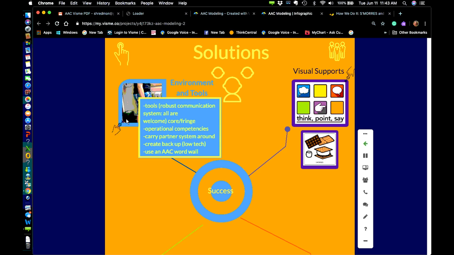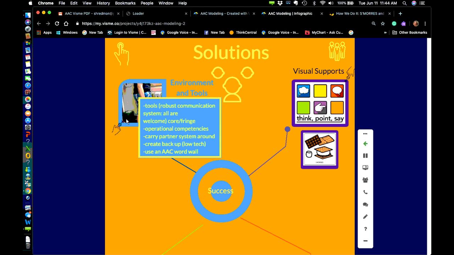Knowing your operational competencies, and we'll talk a little bit about that after this, but really understanding being able to carry it around, making sure that you have it, that you don't put it on, that you can increase the volume, all of those competencies of just operating the AAC system.